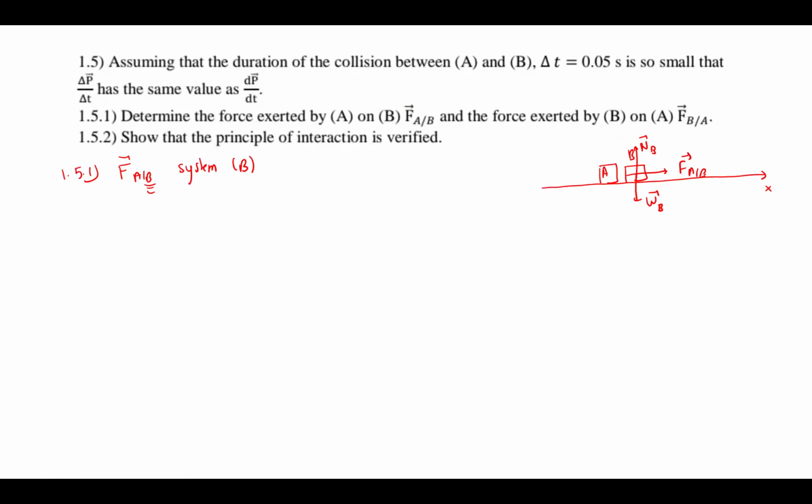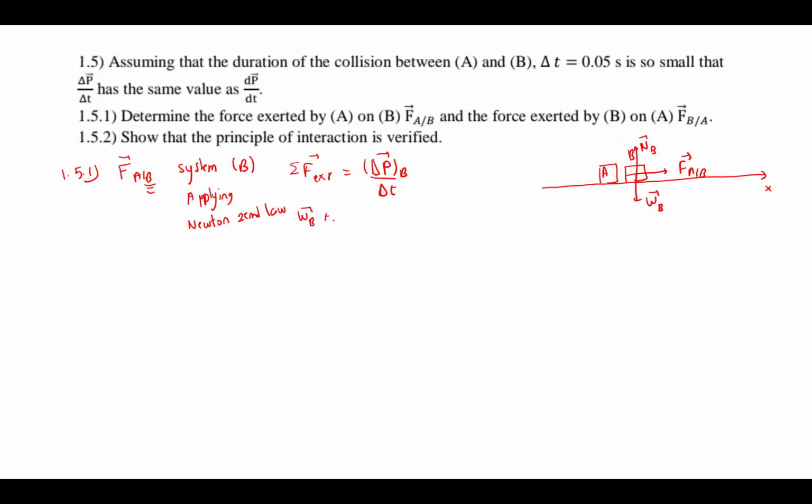Now, this is the x-axis. Now, this force is an external force that is done by A, and A is out of the system. So this is why we have to name what is the system that we are studying here. So now we can apply Newton's second law. So we'll have the summation of the external forces equals delta P over delta T. And pay attention, this is delta P for B, for the system B. Then I can substitute here what we have as forces.